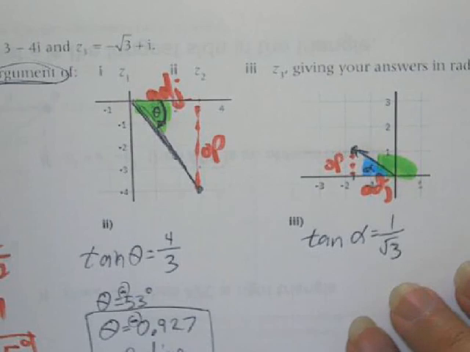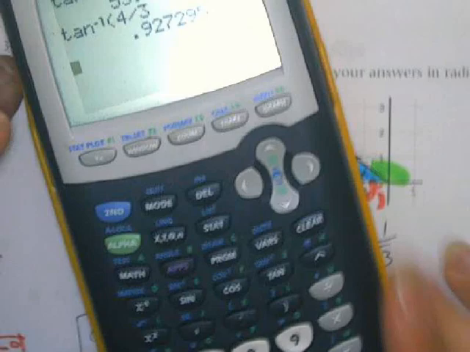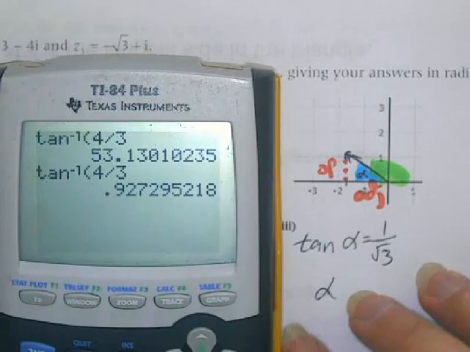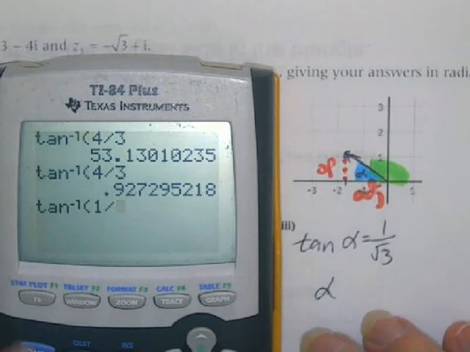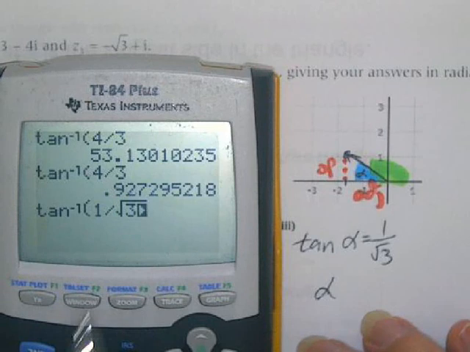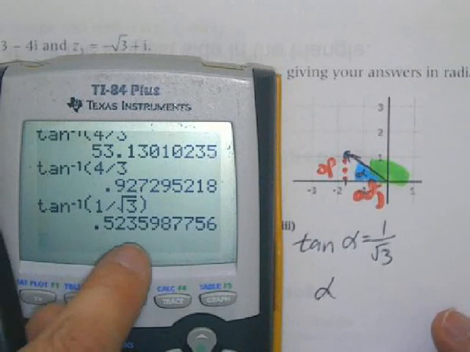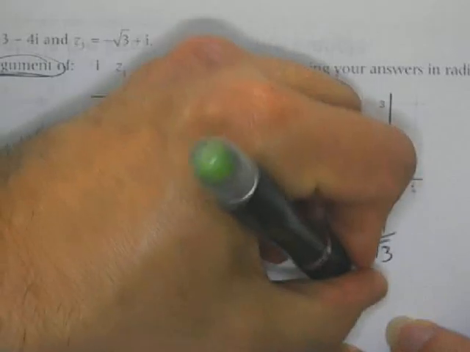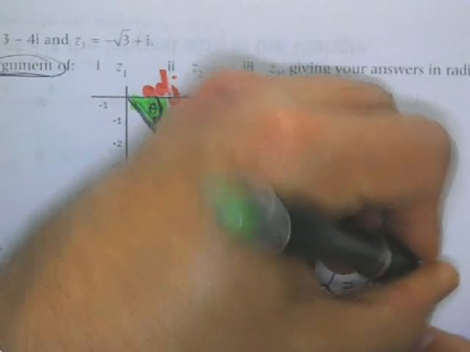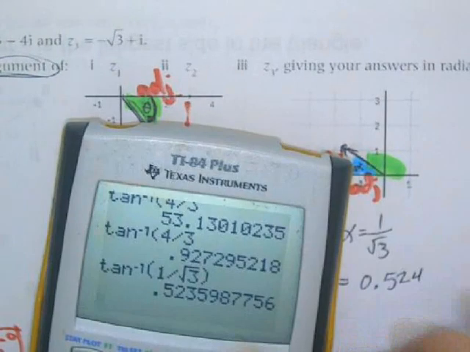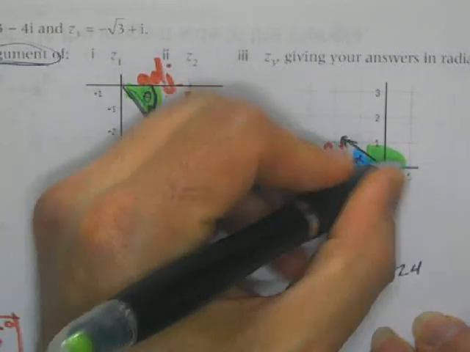And then I'm going to get this angle, inverse tan of 1 divided by square root of 3, enter. And I'm going to get 0.524. Okay. So that's alpha, but we're trying to find this green one, right?